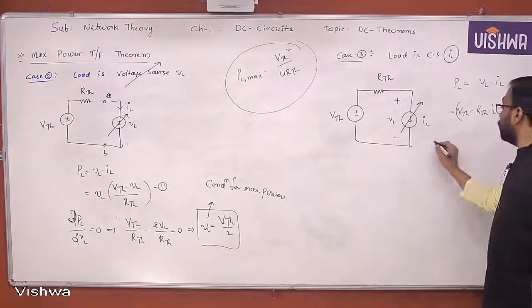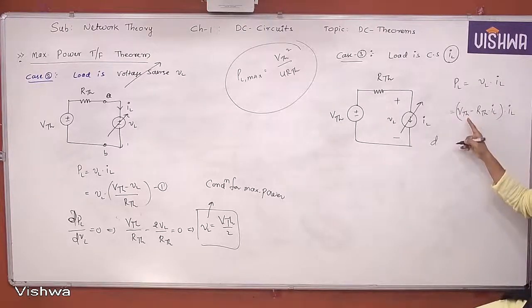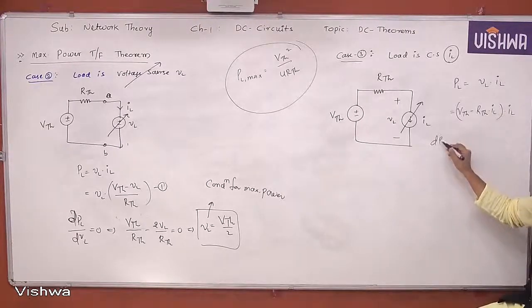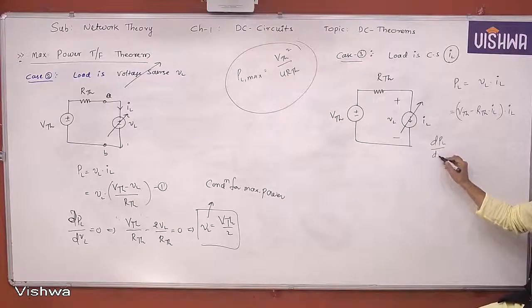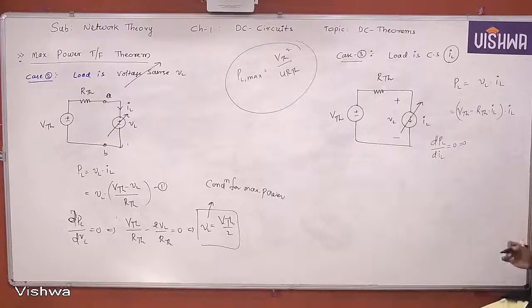Okay. Now see, this entire equation is in terms of VTH constant, RTH constant, and IL, only one variable. So let me just take dPL by dIL equal to 0. Yes or no? Now what will happen? VTH into IL, you get VTH when you differentiate.